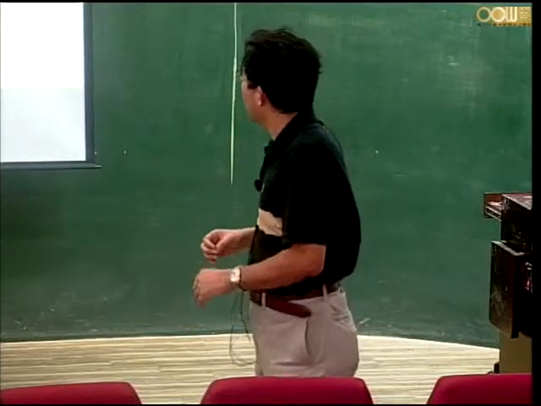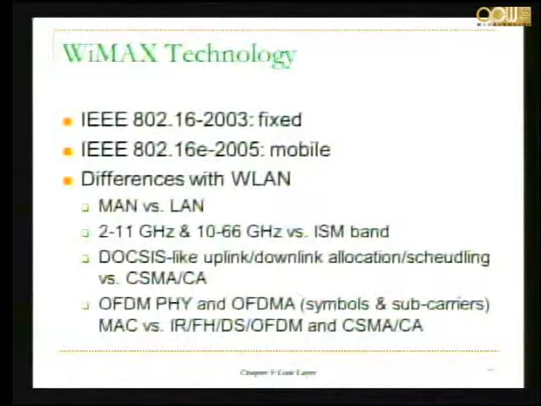However, in WiMAX, the base station, which is similar to the role of the AP, is not one of the mobile stations. It's far away.